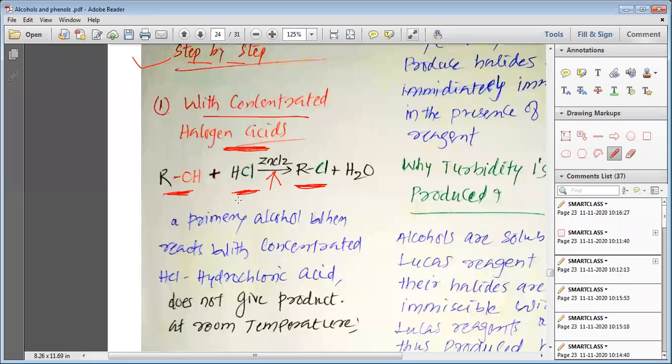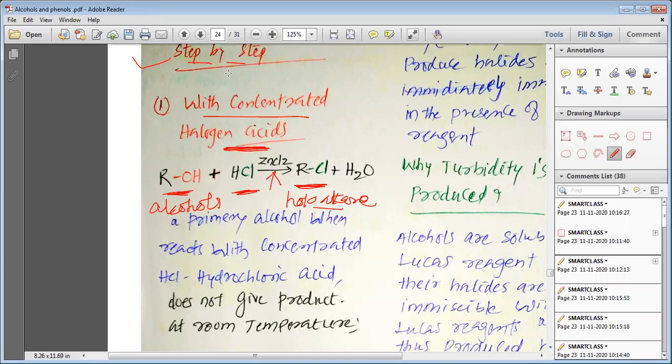So we can convert alcohols into haloalkanes. How can we convert alcohol into haloalkanes? We can take primary alcohol and allow it to react with HCl and ZnCl2.